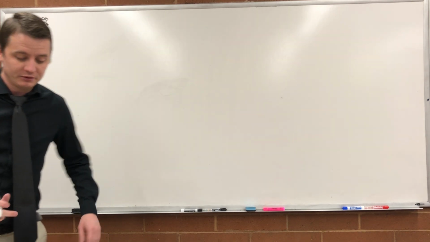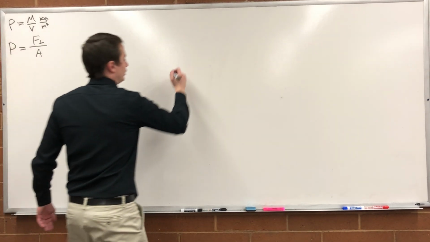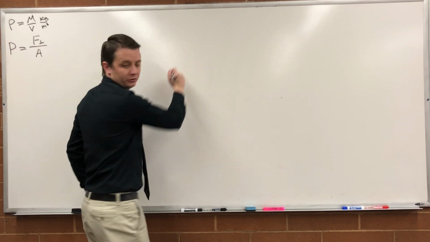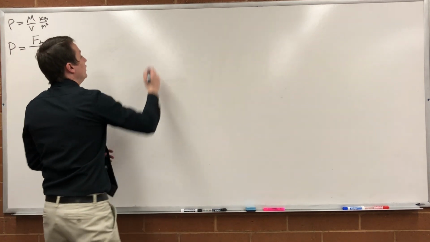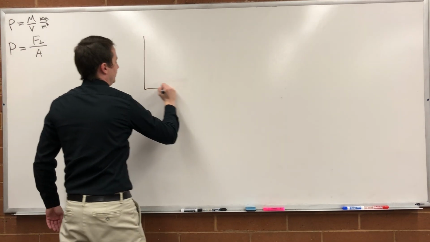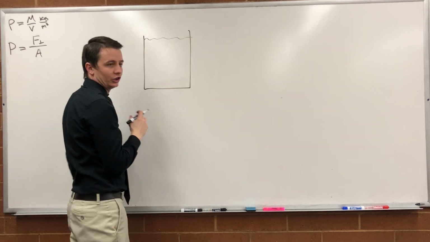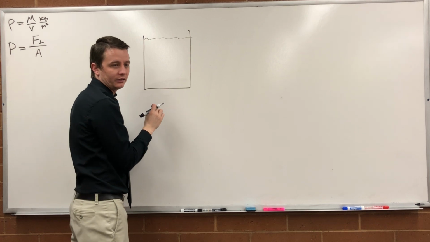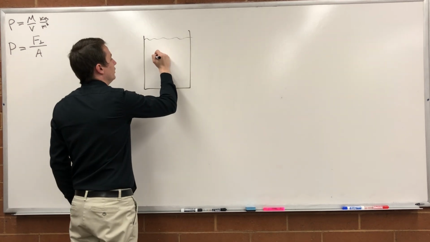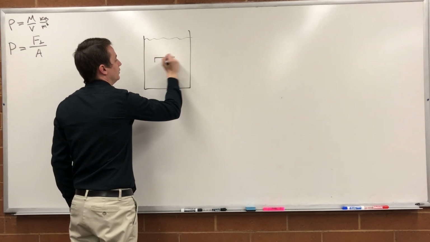And then we derived some of these pressure equations, so let's really quickly rederive those to help get us back. So I've got some container of fluid, and we're going to look at some arbitrary piece of liquid inside of here. So I'm going to look at this block of liquid.